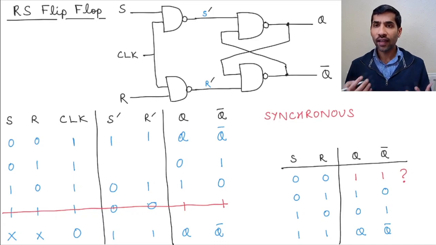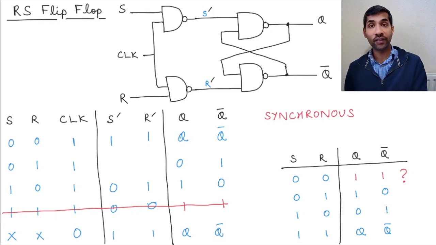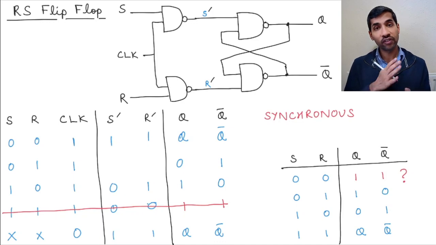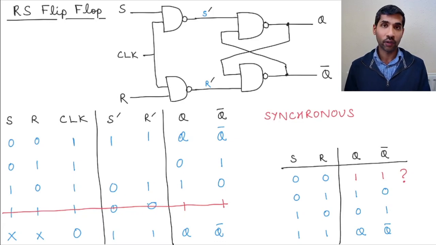Okay, there is another type of sequential logic called asynchronous circuits, and the SR latch is one example of it, where as soon as the input changes, it influences the output. So that's called an asynchronous circuit, right? Because it's not synchronized to any clock. But here, the working is synchronized to a particular clock, and we'll see why that is important in a moment, in the next few videos.